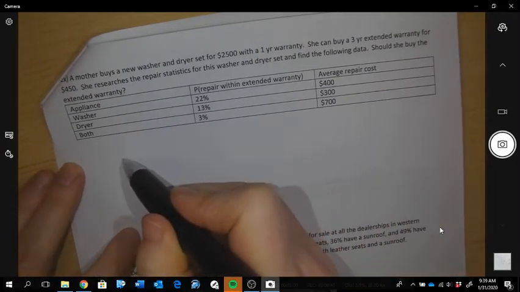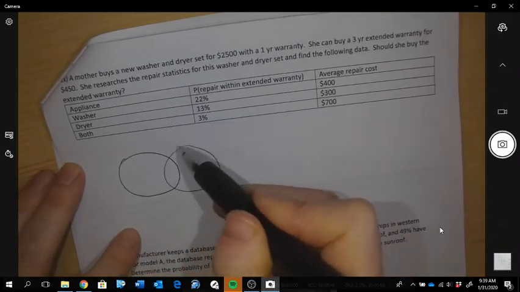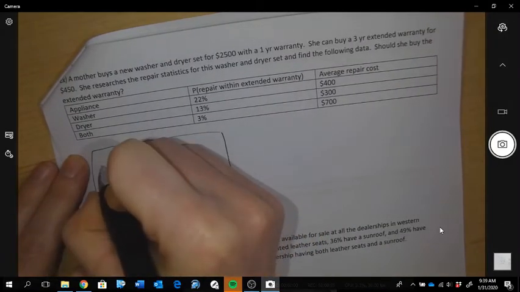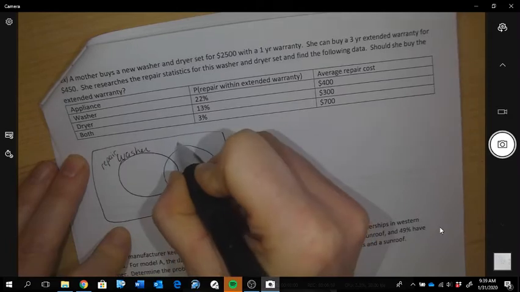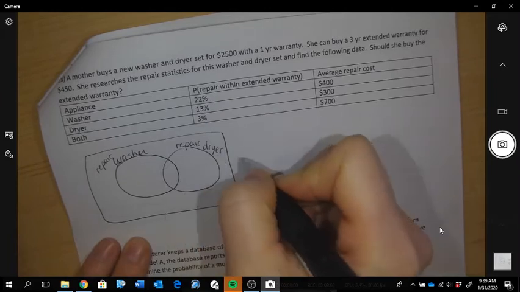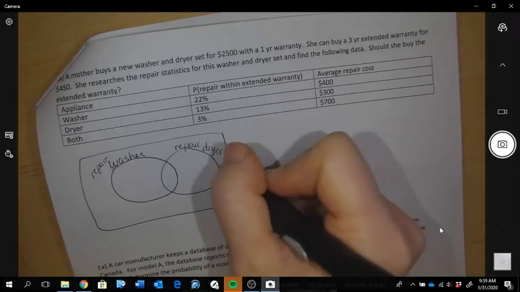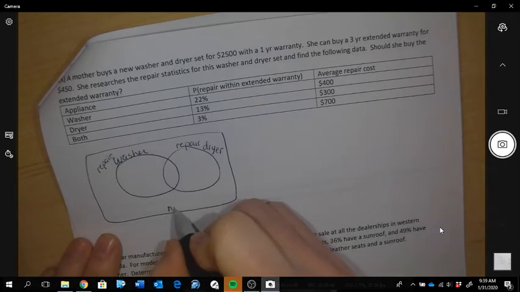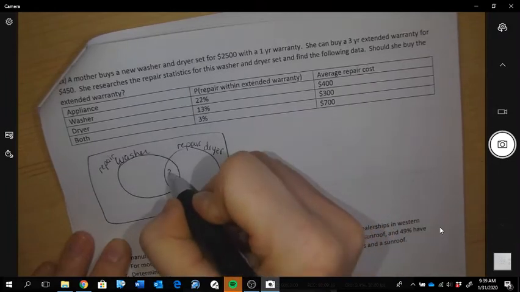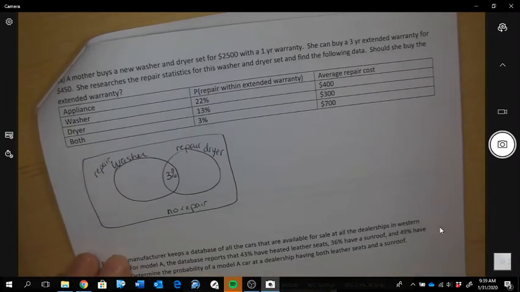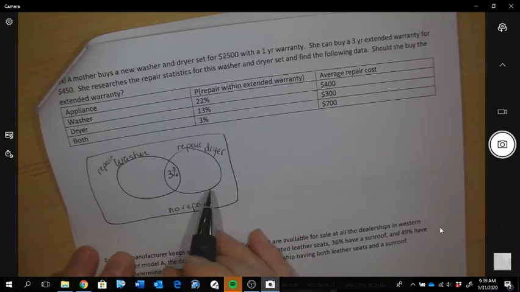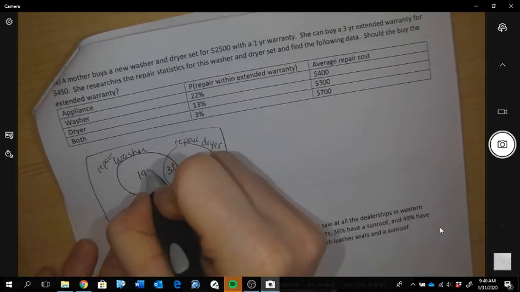We're going to draw a Venn diagram. 3% of people repaired both. 22% repaired a washer along the line, so that leaves us with 19 in there.